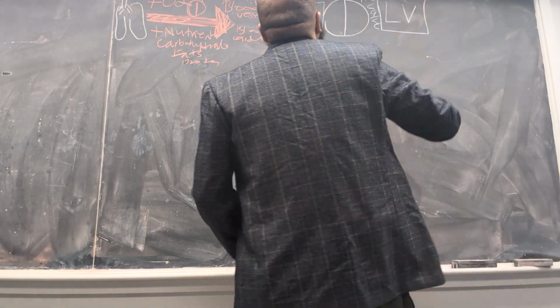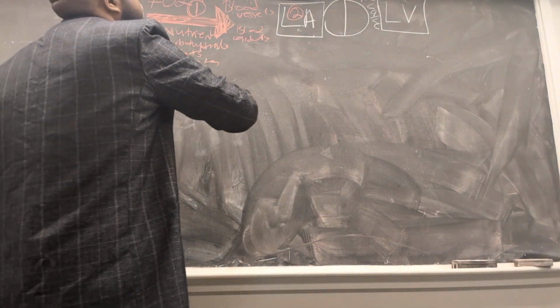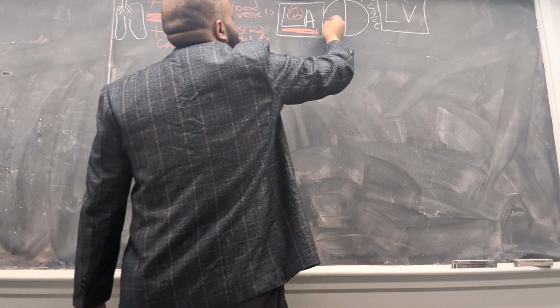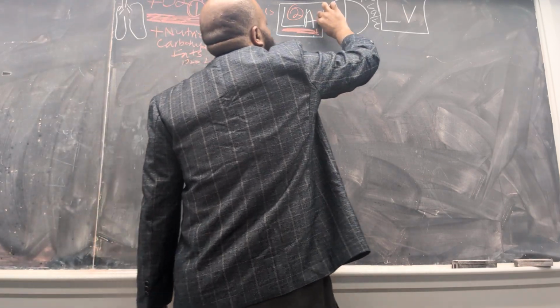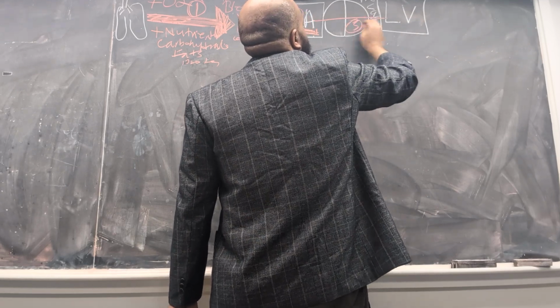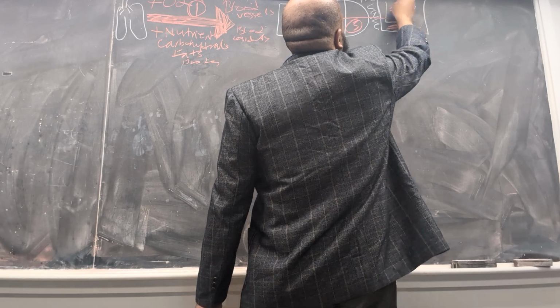So blood has now left the lungs and entered the left atria. That's step number two. Step number three, it went through the bicuspid valve. Then it settled in the left ventricle. That is step number four.